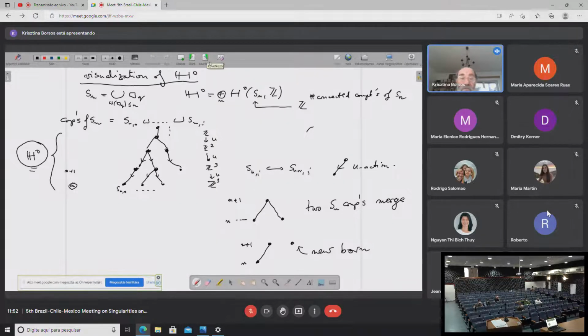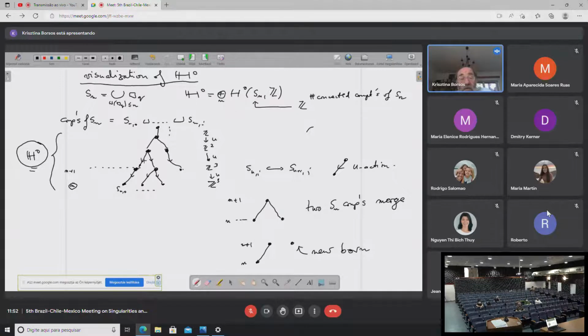Maybe this is a visualization. That is H0. If I want not HQ in general, just H0, that is the connected components of Sn. So at the n level, I put the connected components of Sn. I put a dot, which means a Z, for each connected component of Sn.